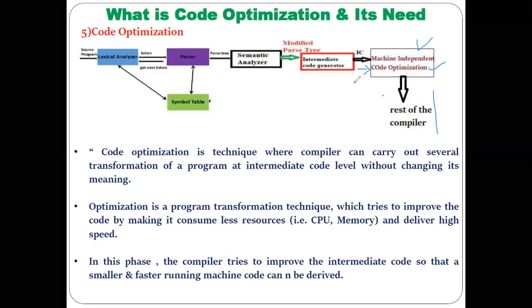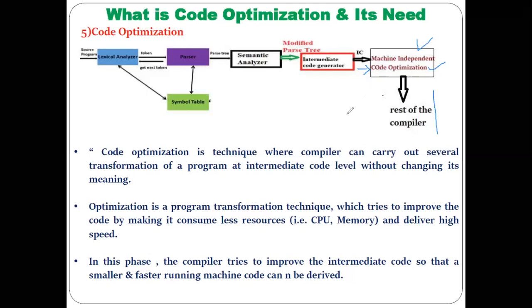We make some movement and transformation changes in the intermediate code, and we do such modification without affecting the final output of the program, or without changing the meaning of our intermediate code program or the source code.